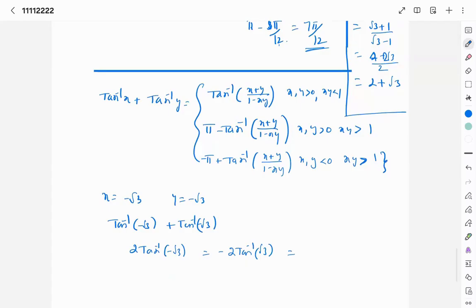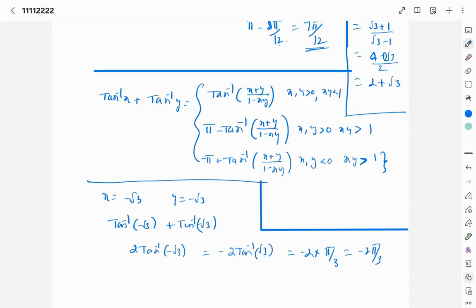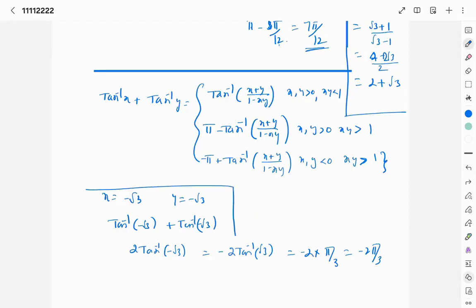Here it is minus 2 into pi by 3. You get minus 2 pi by 3, right? This is what you are getting.